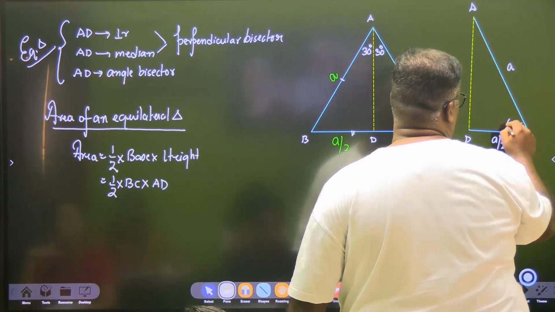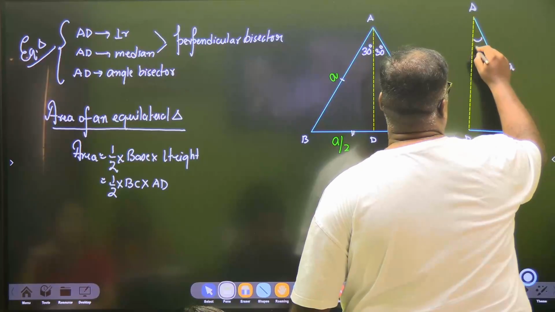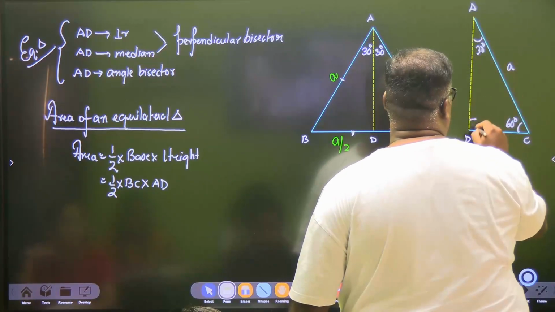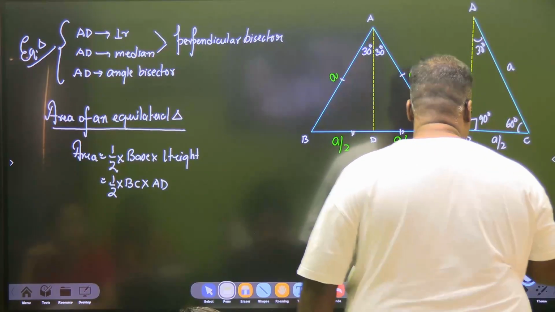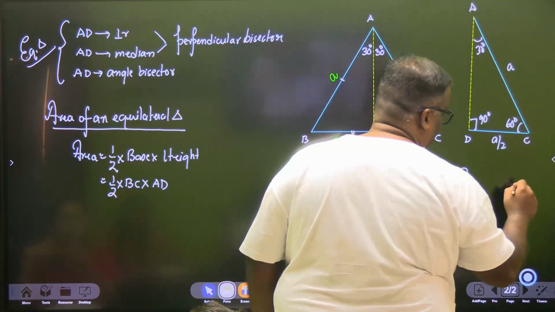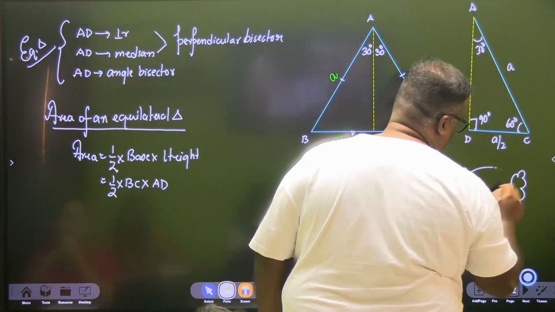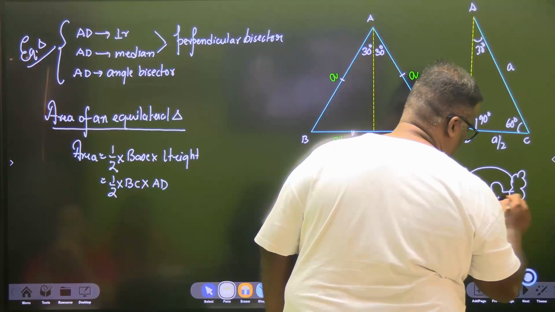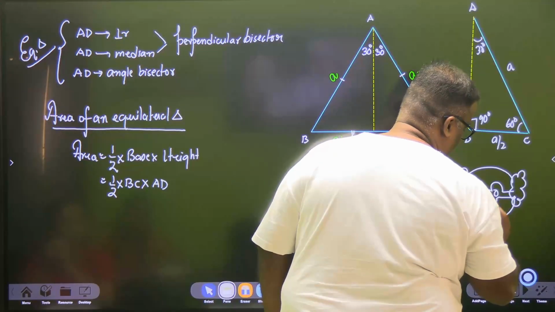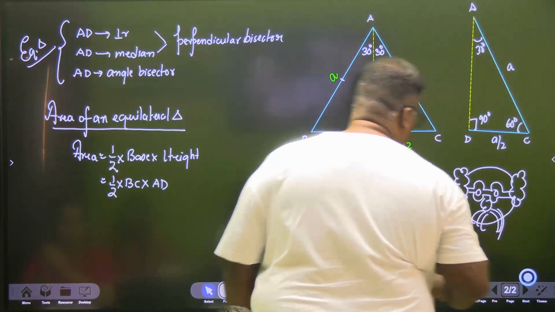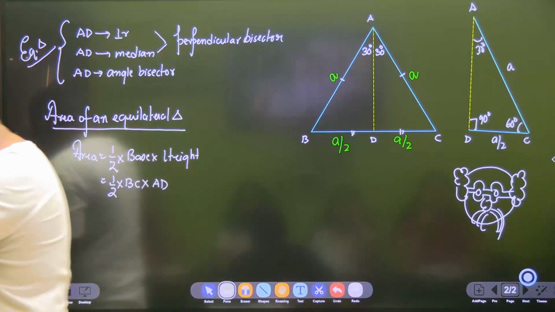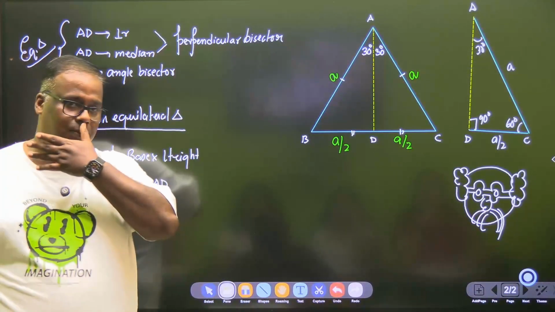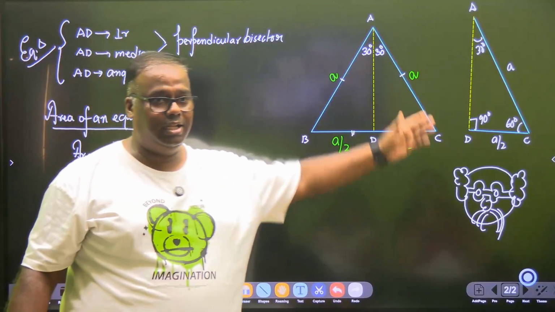This angle is 60, this angle is 90. Then we can go to some BC and remember somebody named Pythagoras. This is a right angle triangle.